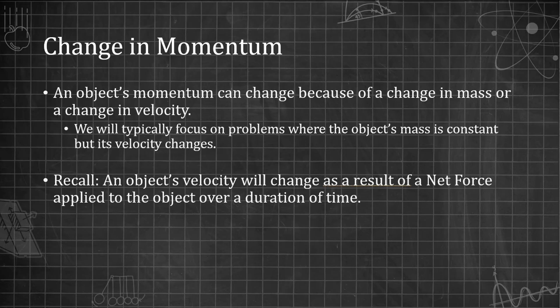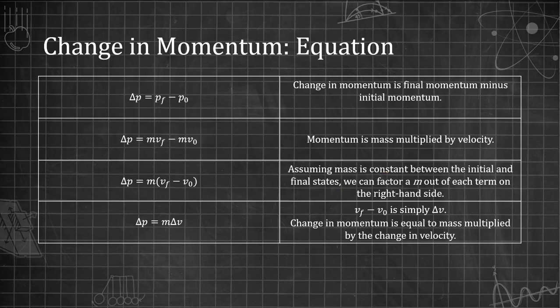So remember that an object's velocity will change as a result of net force applied to the object over a duration of time. That's going to be important when we get into our derivation. So taking a look at the change in momentum equation, we know that the change in anything is just the final thing minus the initial thing. So change in momentum would just be final momentum minus initial momentum. We also know that momentum is mass multiplied by velocity.